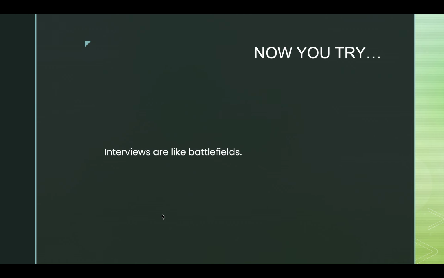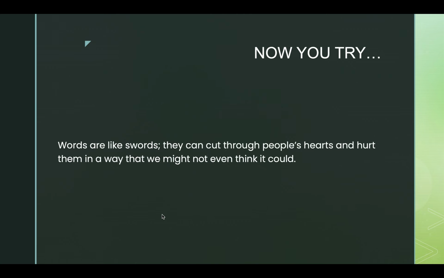Interviews are battlefields. Words are like swords. They can cut through people's hearts and hurt them in a way that we might not even think it could. That's a pretty long one. And the simple version is words are swords.